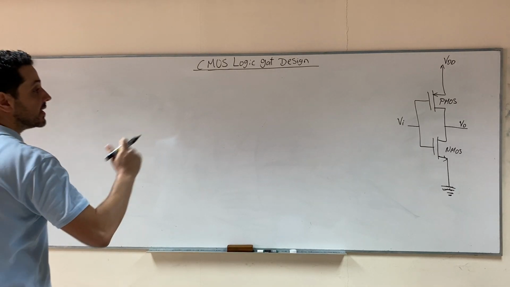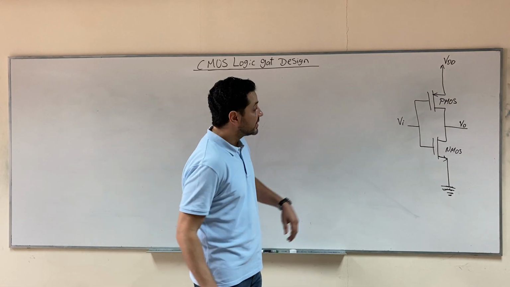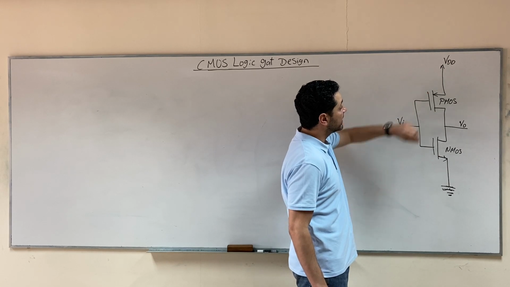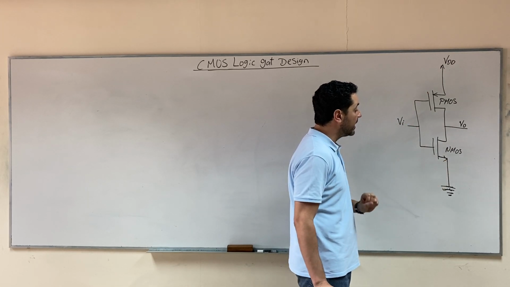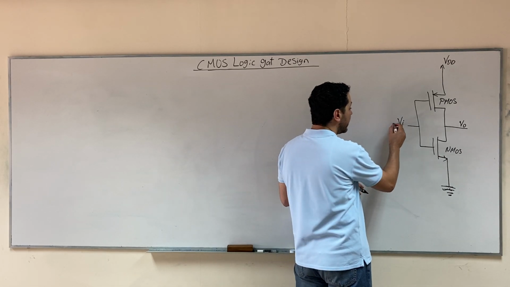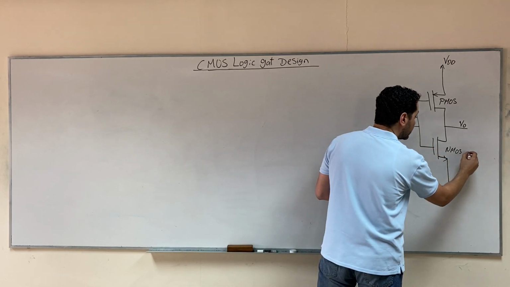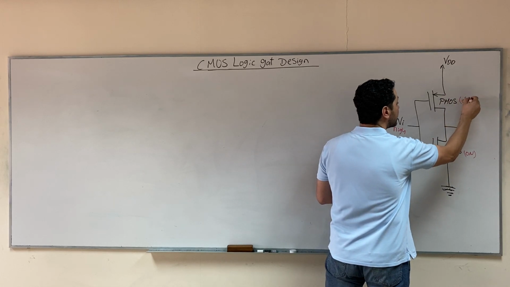Previously, we discussed the CMOS inverter, and we saw that it consists of a PMOS transistor connected towards the supply voltage VDD, and an NMOS transistor connected between the output and the ground. We noticed that when the input is high, then the NMOS will be on and the PMOS will be off.